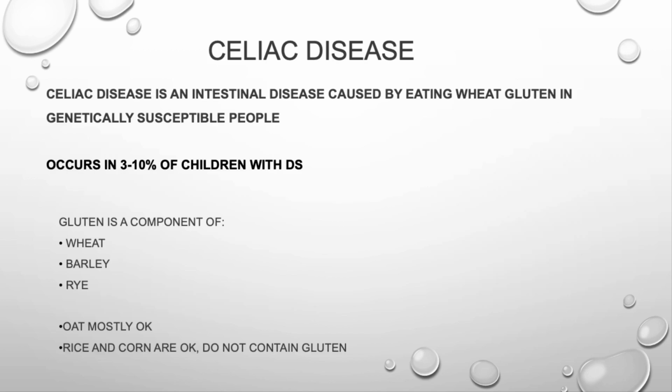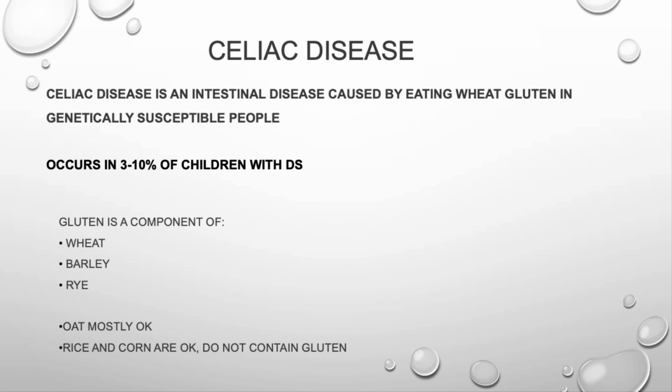The other condition that I wanted to mention is celiac disease. Celiac disease happens commonly in the population, but it's much more common in Down syndrome, and is seen in up to 10%. This is basically an intolerance that your gut has to something called gluten, which can be found in wheat, barley, and rye.